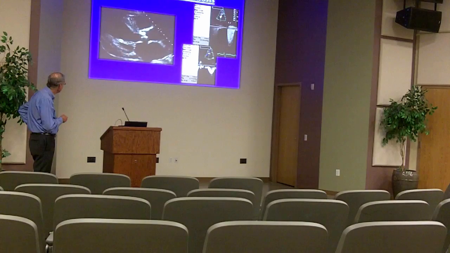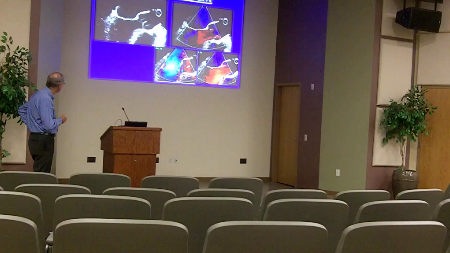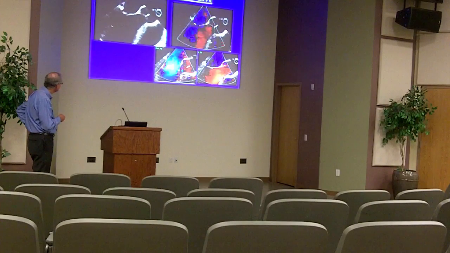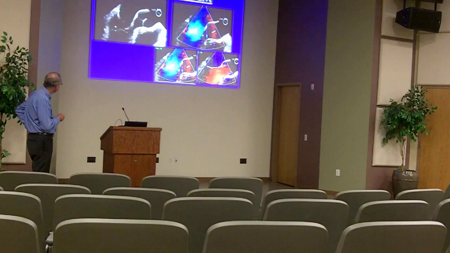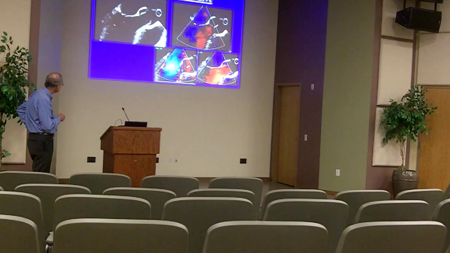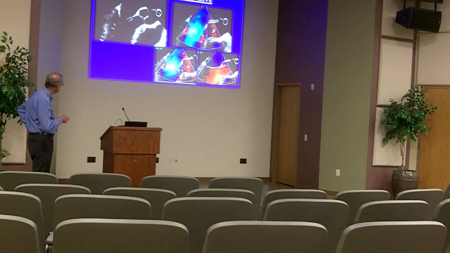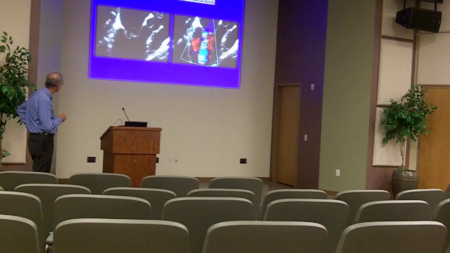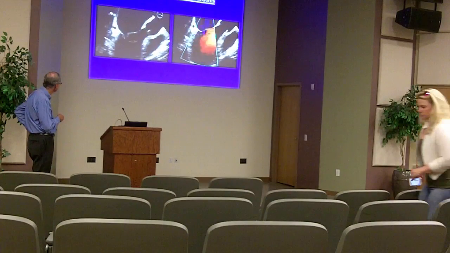And this is what happens after several years of undergoing a lot of wear and tear. This is the aortic valve. It's calcified, it's not moving, and this one has to be repaired. The mitral valve here is a normal one, and I'll show you some of the problems.